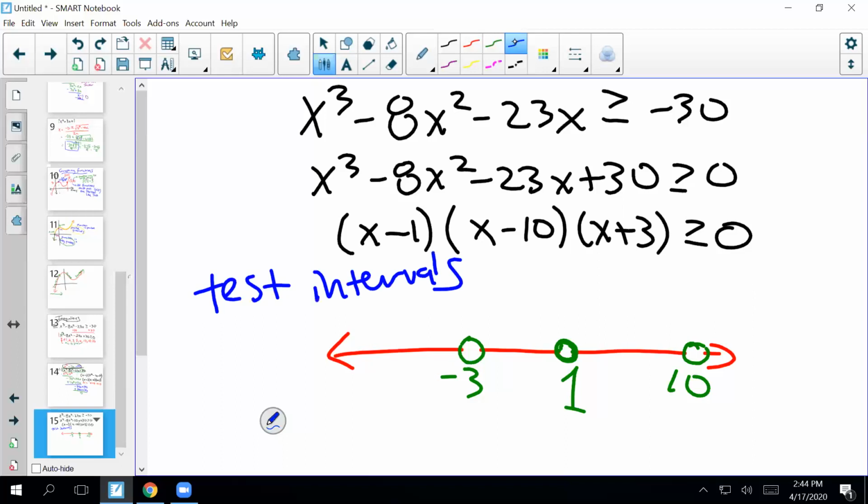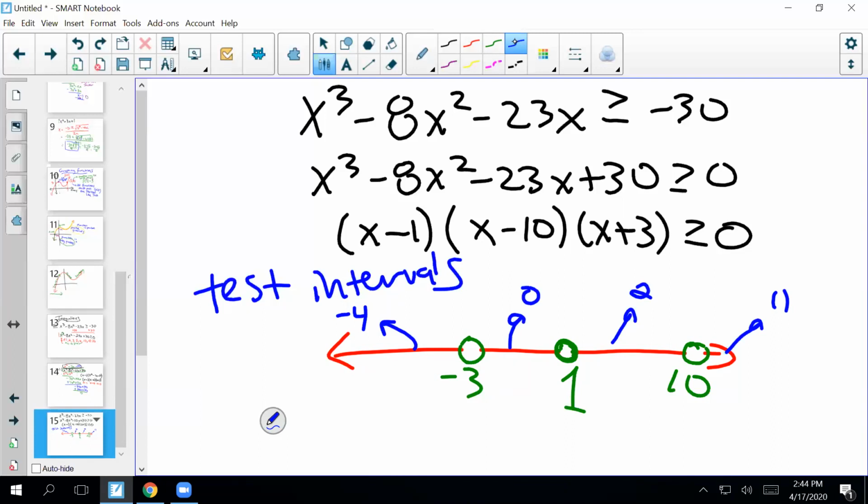I'm going to pick points in these regions. Over here, I could pick -4. 0 is always a good one to do, I always like 0, so we'll pick 0. We'll pick 2, and way over here, I guess 11. So I've just chosen whatever number I want in each of these regions of my number line.